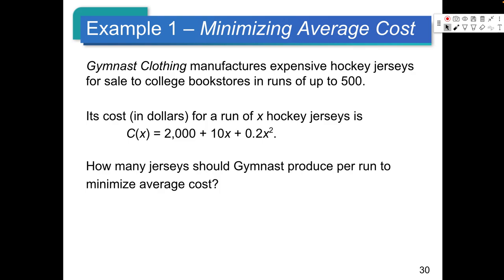We don't do anything with average cost, but if this is the cost, what would be the average cost? Well, this is the cost of producing X number of items, however many X is. So if we divide it by how many we produced, that's the average function.